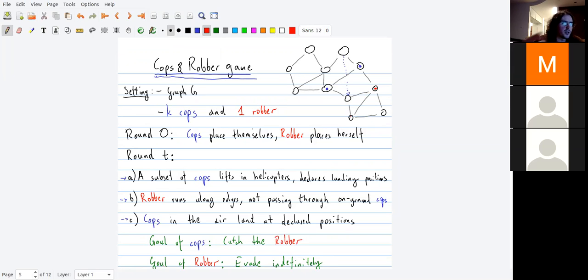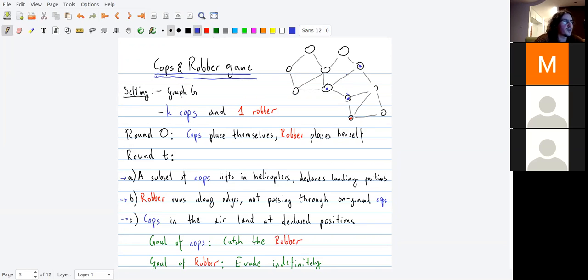Not a single edge. She can run many steps in one round, but she cannot go through the vertices that are still occupied by the cops. So, for instance, from this vertex, she can run here and place herself here. And at the end of the round, this cop lands in this vertex.